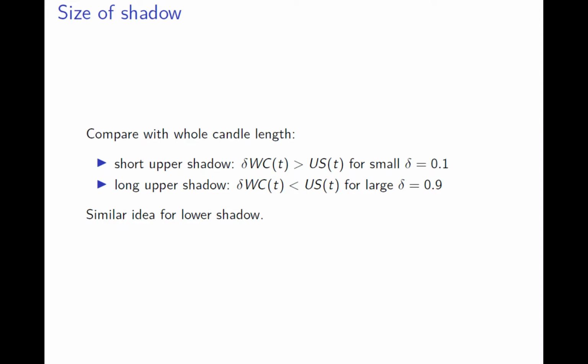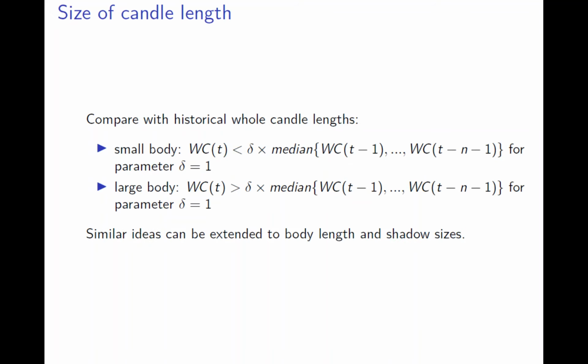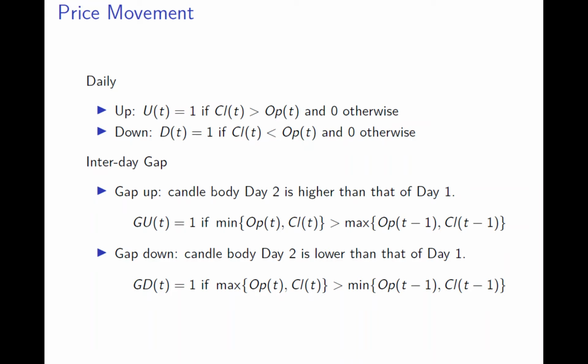Same idea, you can do the lower shadow, LS. And sometimes you also compare the candle historically. For example, for a small body, we compare the current body to the past body. Similarly, a large body will be bigger than the previous body. You can also do the same for body length and shadow size.